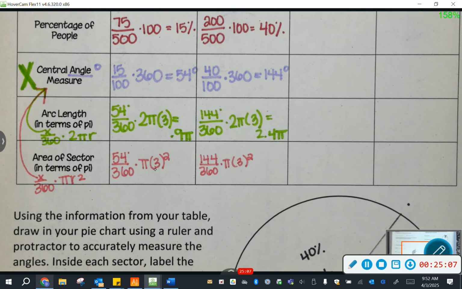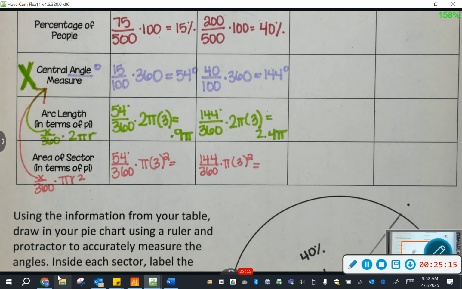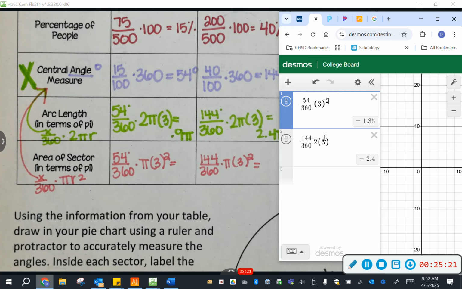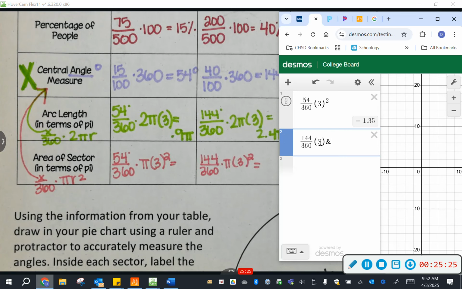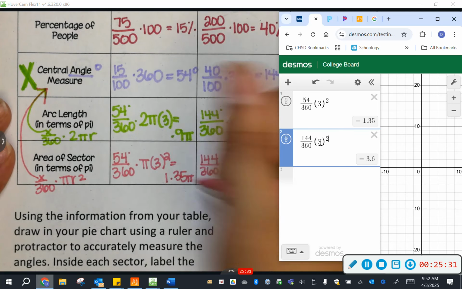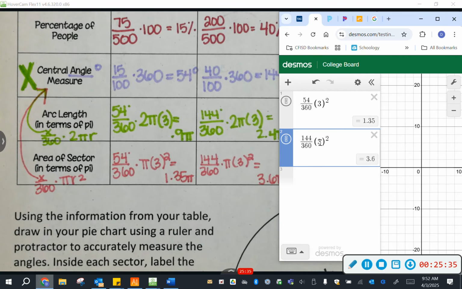And then put that in the calculator, and I get 1.35 pi, and I get 3.6 pi.